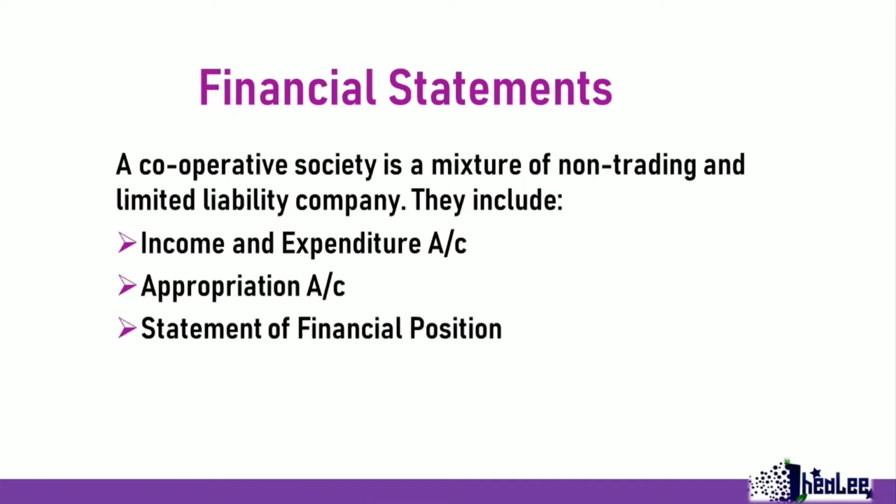What they prepare is a receipts and payment account, and the very same thing is prepared by the cooperative business. What is received would be debited and what is paid out would be credited in this account. You can see the lesson on non-trading organization for the principle in preparing a receipts and payment account.